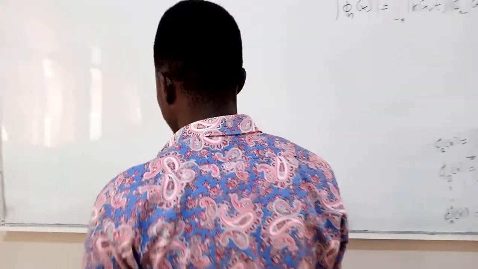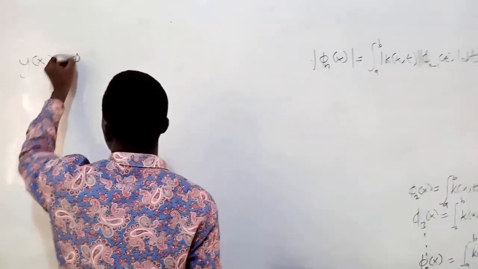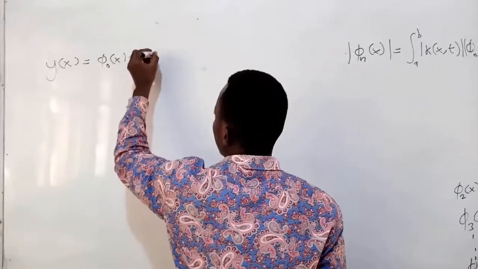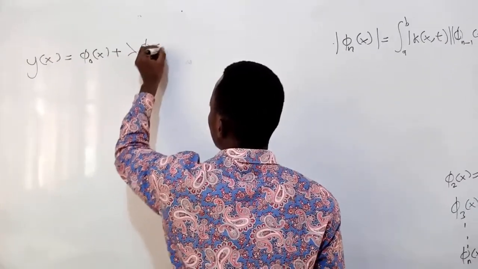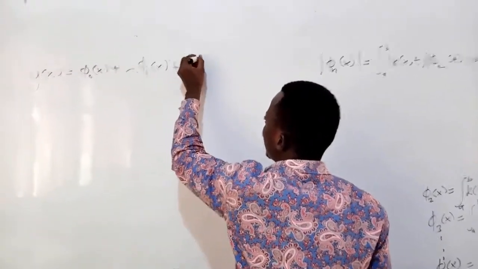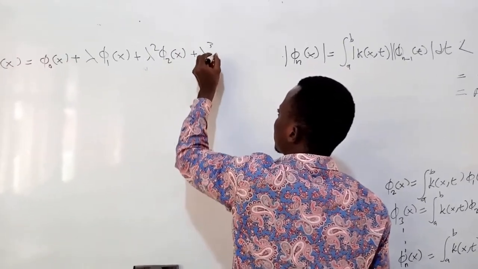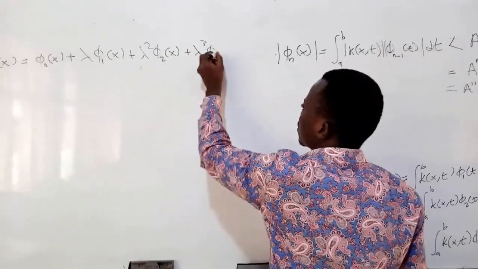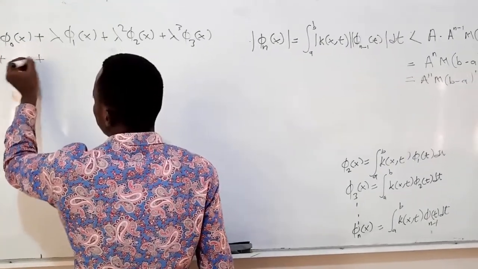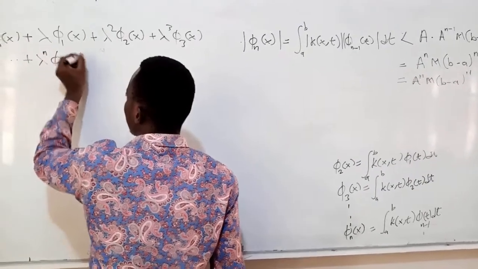We said that from a series y of s, which is equal to phi naught of s plus lambda phi 1 of s plus lambda raised to the power 2 phi 2 of s plus lambda raised to the power 3 phi 3 of s plus dot dot dot plus lambda n phi n of s.